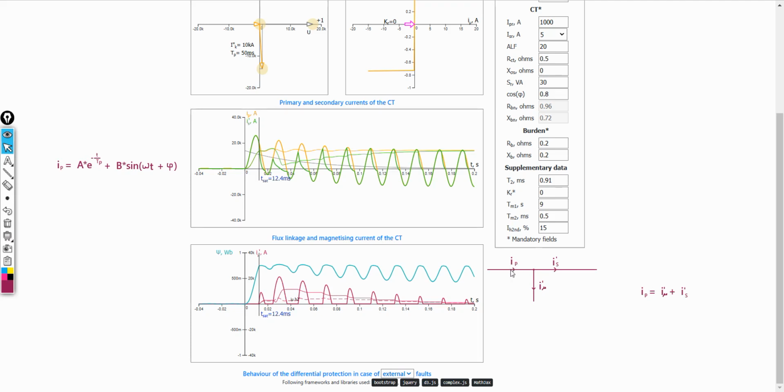IP and IS dash each to the right and IM dash down. Therefore, we can set up the following equation. IP equals IM dash plus IS dash. The primary current of the current transformer is partly used for magnetization and partly transferred to the secondary winding.